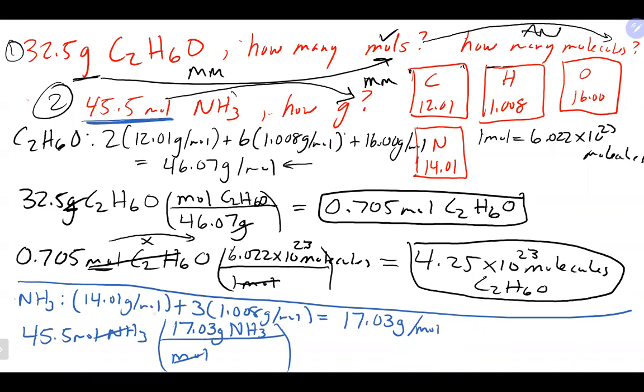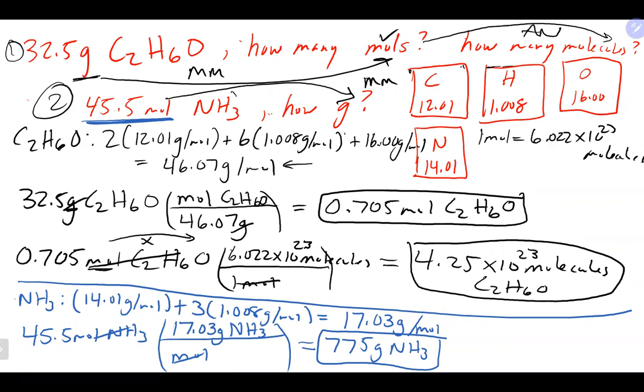The moles will cancel here, and we'll take 17.03 times 45.5. Bad lighting here, but I think my calculator says 775 grams of NH3 here. Any questions on that calculation there?